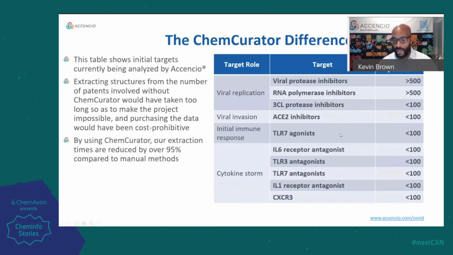But with ChemCurator and using that tool to do this, it really allowed us to get from point A to point B and to begin to deliver on this project in a way that was really, really efficient for us. So you can see here this third bullet, which literally speaks to the fact that our extraction times are now reduced by over 95% as compared to the manual methods that we would use in the past.